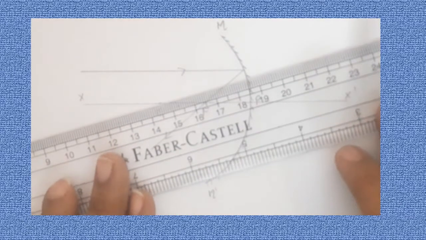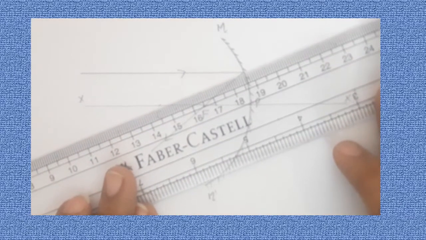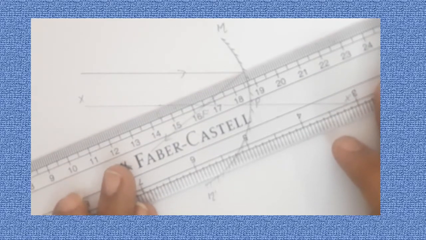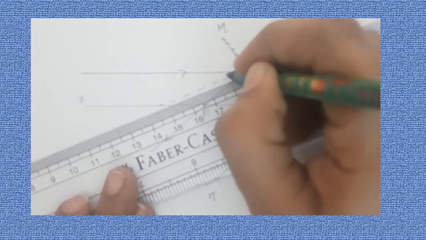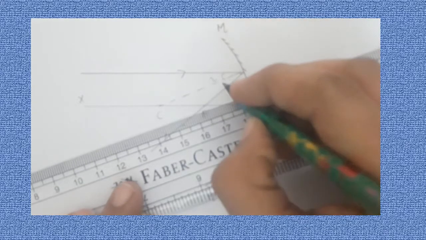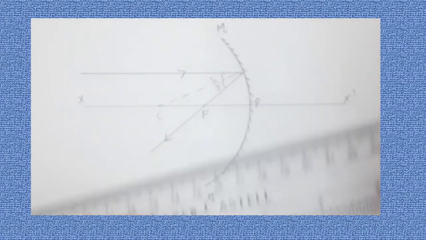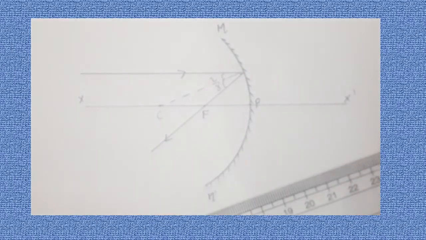And these light rays obey the law of reflection. So let us show the normal to the center of curvature, which meets at the point of incidence here. And so the angle of incidence is equal to the angle of reflection. So children, this is rule 1.